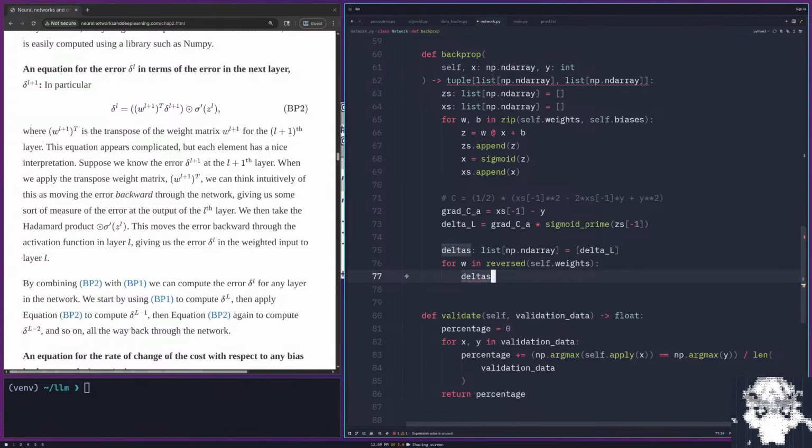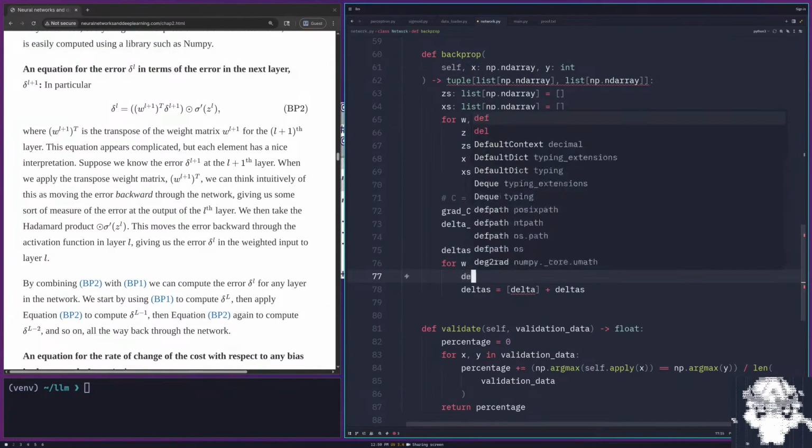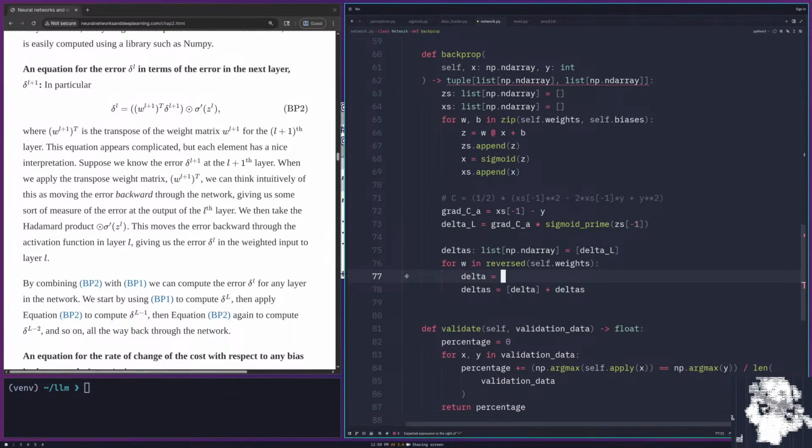That's hard for me to understand. So I'm just going to say deltas equals something plus deltas, and this something is going to be the delta for this layer, which is, actually I can even use this syntax, delta, comma, star deltas.